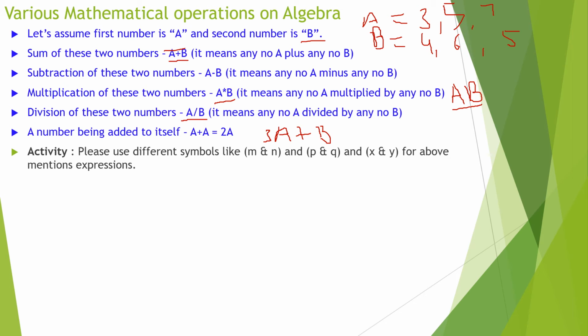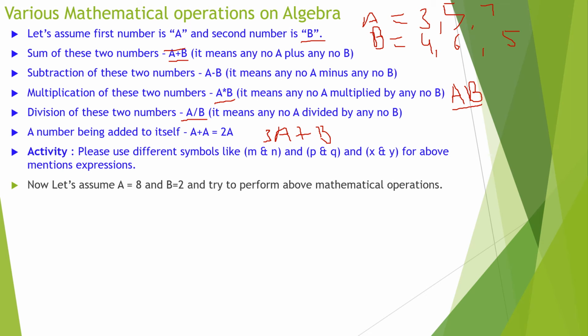Now I have done these mathematical operations on the numbers A and B that we assumed. You can assume the numbers M, N, P, Q, X, Y and perform these operations. The sum of M and N will be M plus N. The sum of X and Y, X plus Y. The sum of P and Q, P plus Q. This is your activity, you have to perform it.